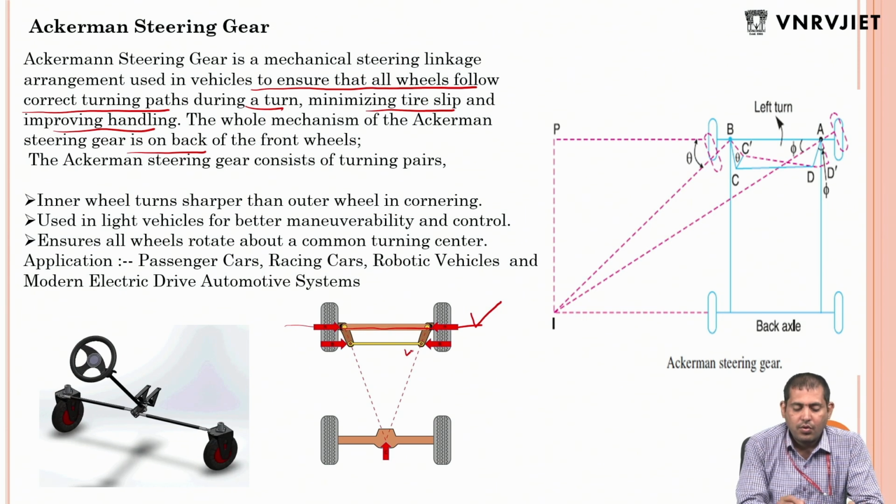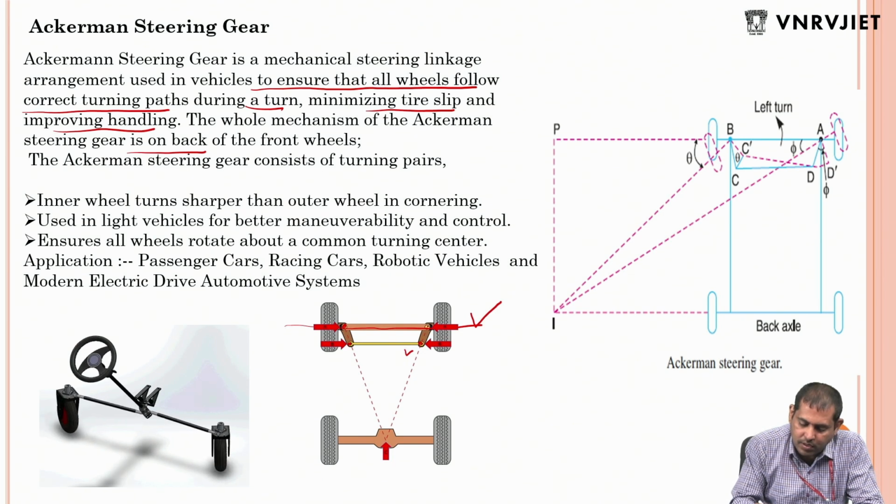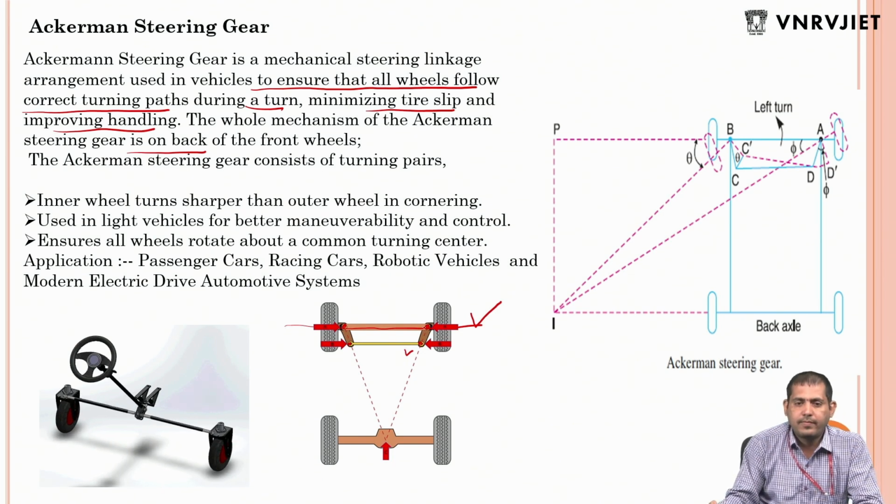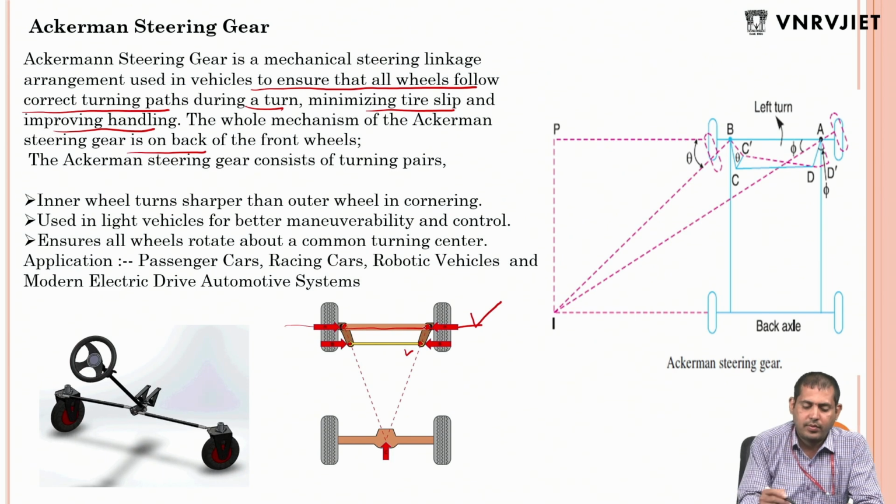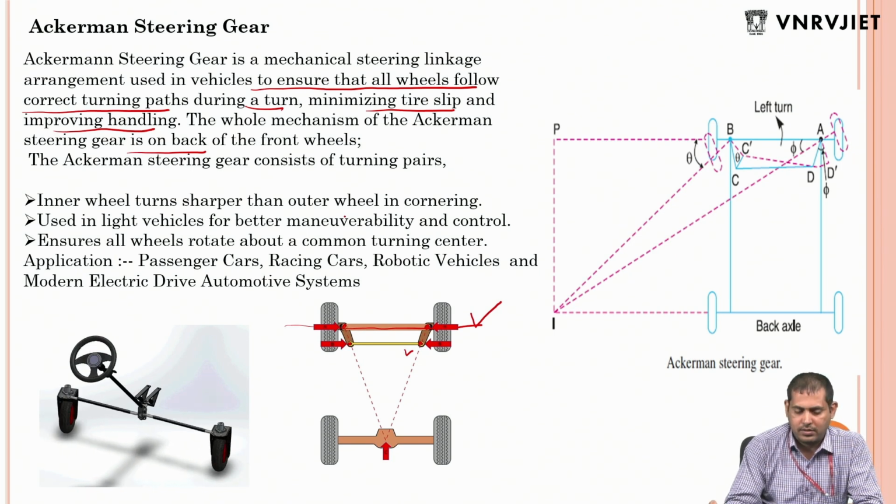Now, a few important points. The Ackermann steering gear consists of turning pairs. This is a turning pair, this is a turning pair, this is a turning pair, four turning pairs. The inner wheel turns sharper than the outer wheel in cornering, so it takes more angle, so theta is greater.